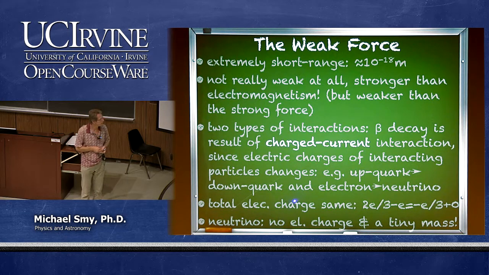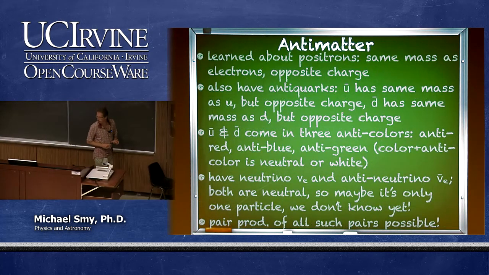If we simultaneously also change an electron into a neutrino, and the electron is minus the elementary charge, and the neutrino has no charge at all, so overall the charges are balanced. And in fact, from the requirement that the electric charges must balance, we can deduce that the neutrino can't have an electric charge.